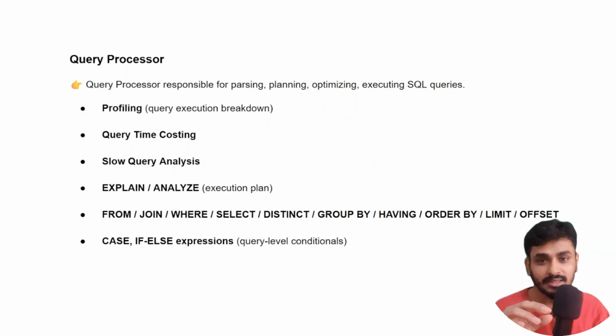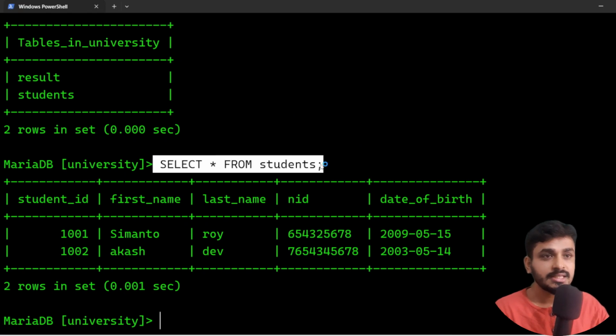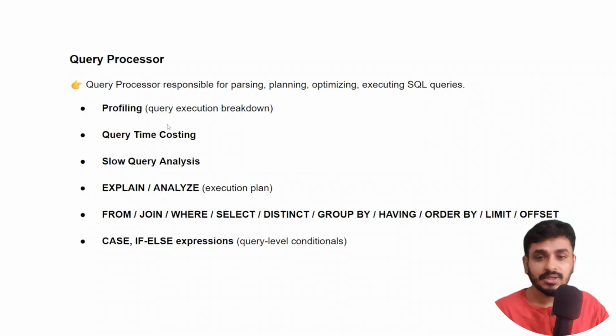When we write a query, the query execution process is broken down by the query processor. Like parsing, planning, optimization, execution, SQL query. Profiling means breaking down the query execution. When I write a query and hit enter, profiling segregates it into different portions.